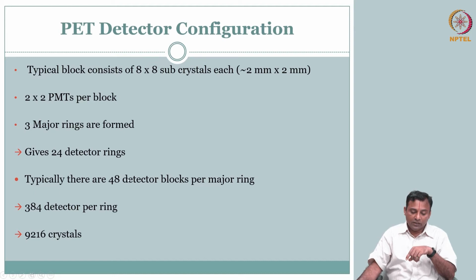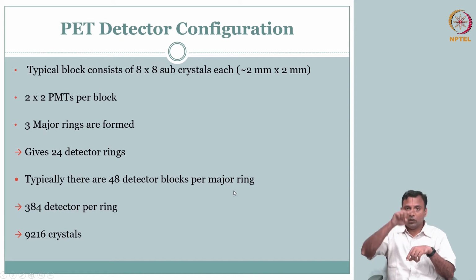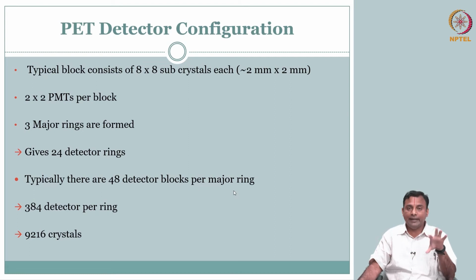Typically there are 48 detector blocks per major ring, along the circumference. So this is involved and intricate, so the instrumentation is a little more complex than your other two, but here you can do a better job. You have versatility, timing. So you have 384 detectors per ring and so many crystals.